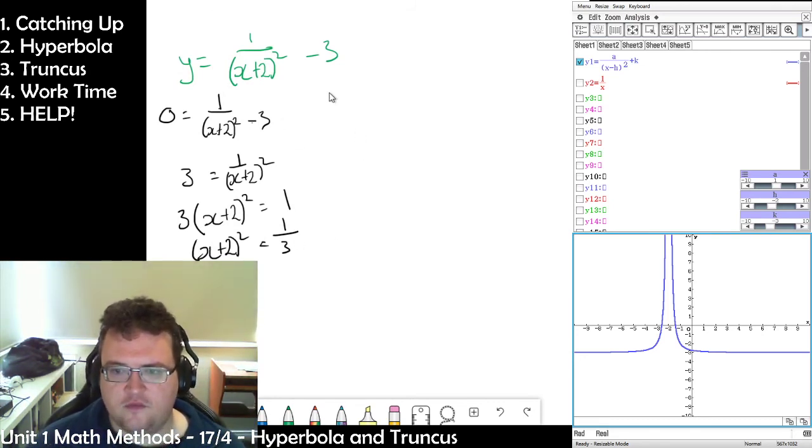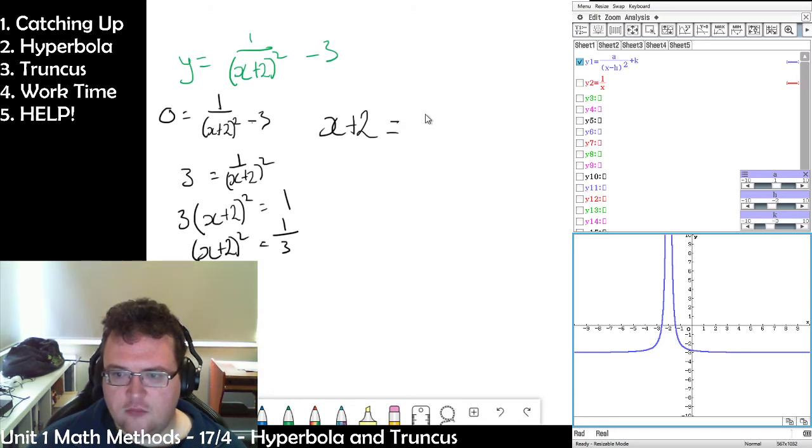So I take the square root of both sides, and I'm going to be left with x plus 2 on the left-hand side, and plus minus the square root of 1 over 3.